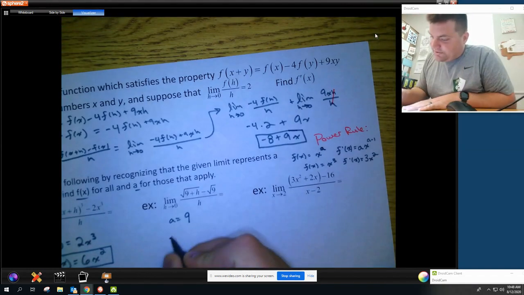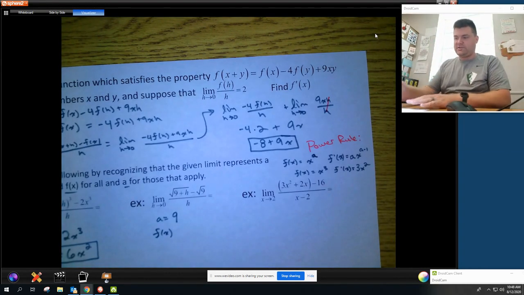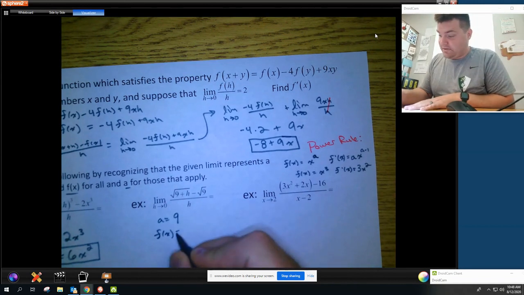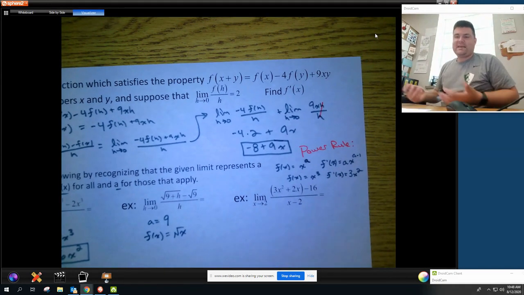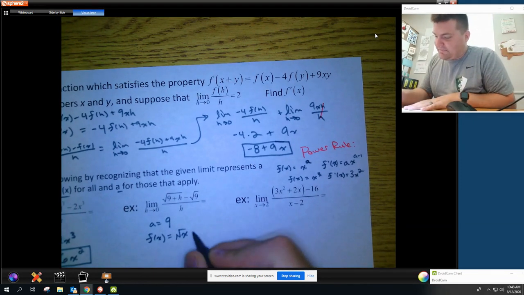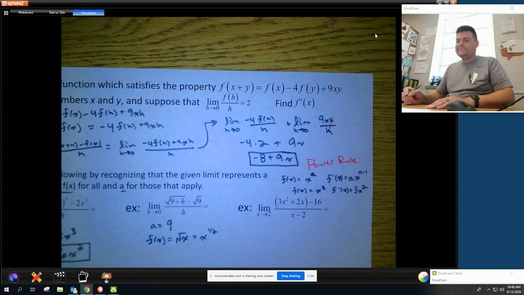The function, replace the 9 with an x, is going to be root x. Which you're saying to yourself, how do I use the power rule? Well, that's the same thing as x to the 1/2, isn't it? Here we go.